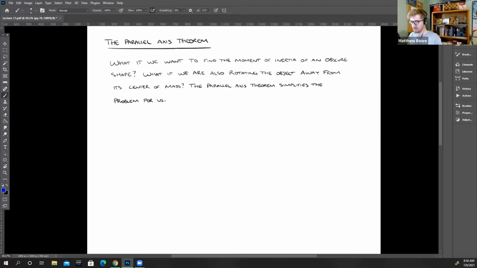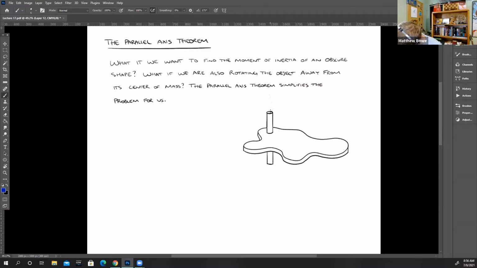Say we have a shape that looks something like this, and we have a pole sticking through it, and we want to spin this object around this pole. So the object is going to spin around this axis here, and it's going to have some moment of inertia around this axis.